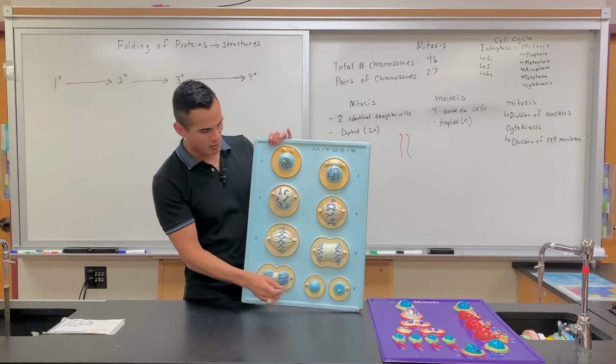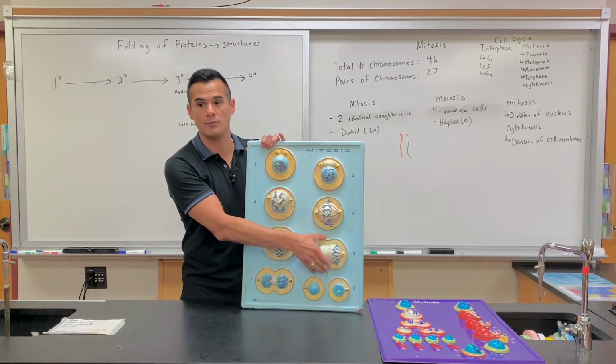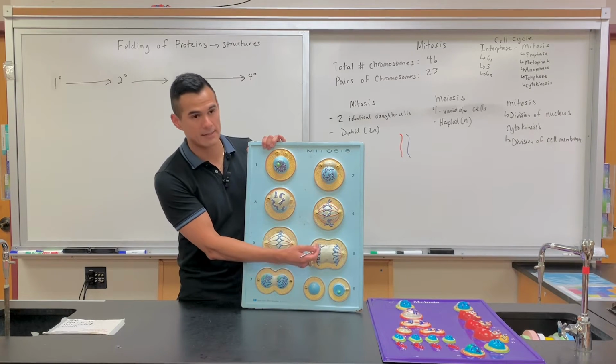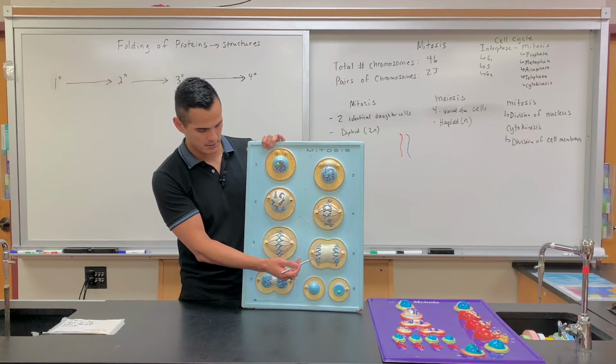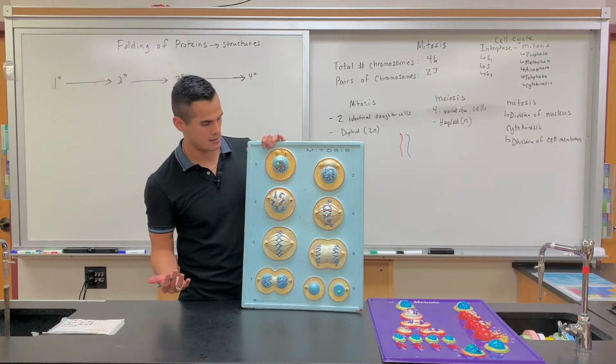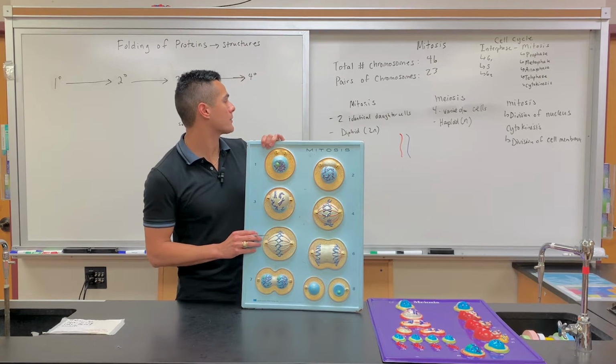You can see how on number 6, that's when the cell membrane starts to divide. It starts here in late anaphase, and then it's complete after telophase. That's the difference between the two.